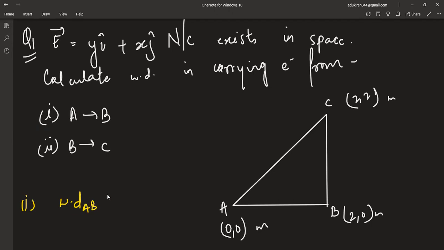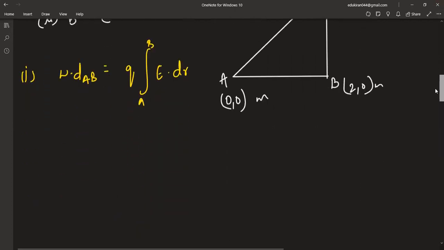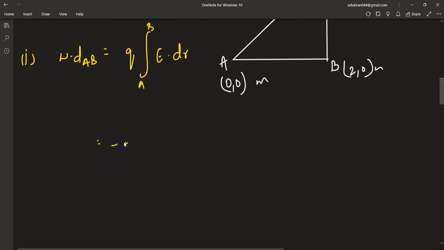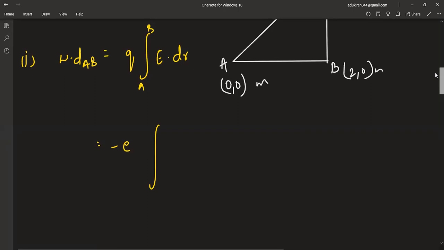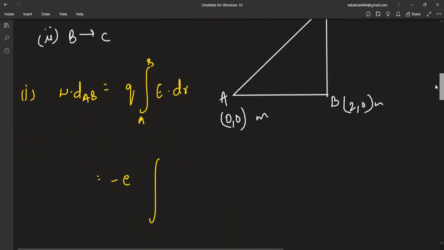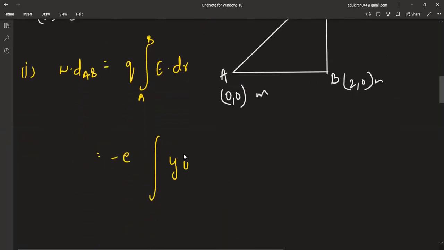Work done from A to B will be charge times the integral of E dot dr from A point to B point. Now, what is the charge that is being carried? That is an electron, so we will write it as minus e. Charge is minus e. Integration, electric field. What is the electric field given? y i cap plus x j cap.